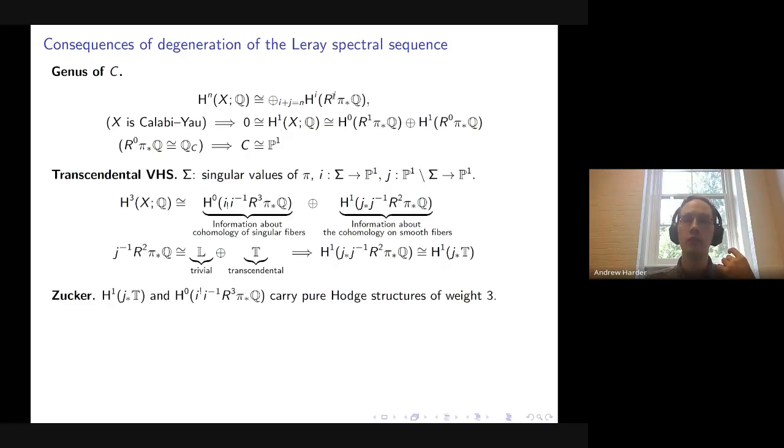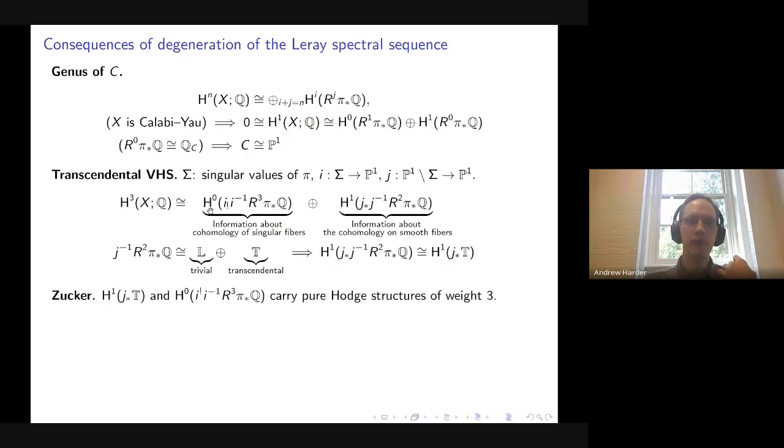Sorry, R^1, because it's a fibration by K3 surfaces, so the R^1 sheaf is going to be a skyscraper sheaf. So I want to take H^2 of that, and I'm going to get 0. Then by playing around with standard sheaf theory, you see that you have splitting in terms of these two things. The first piece is a pullback onto the singular fibers of the R^3 sheaf, and then you extend by 0.